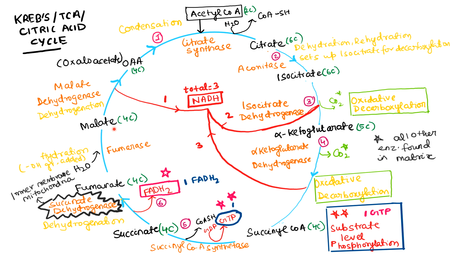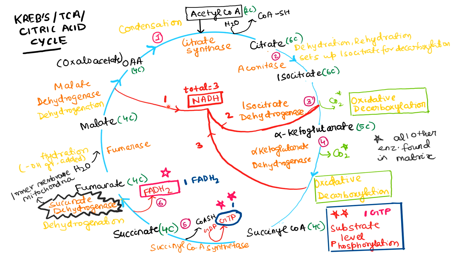Malate undergoes oxidation, leading to the formation of oxaloacetate, and in the process NAD plus is getting reduced to NADH and H plus. Because dehydrogenation takes place here, the enzyme is malate dehydrogenase.